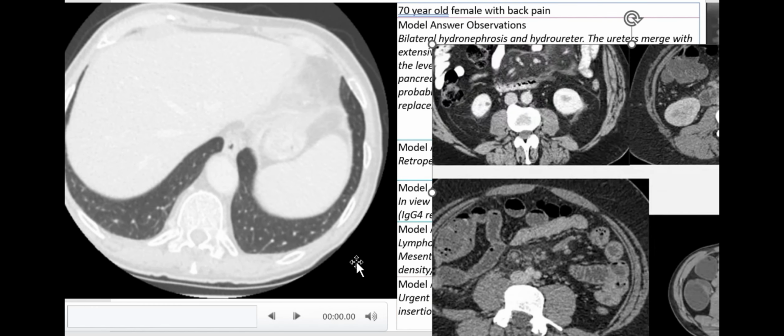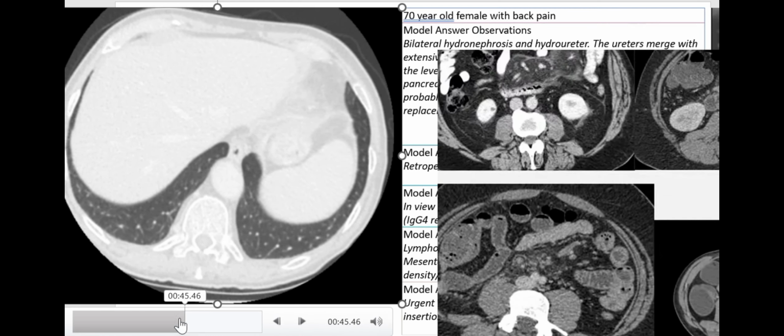So here we have a retroperitoneal mass of soft tissue density, but it's not displacing the aorta anteriorly. So this is most likely to be retroperitoneal fibrosis. However, here a retroperitoneal mass of soft tissue density is seen displacing the aorta anteriorly. This is most likely to be lymphoma.